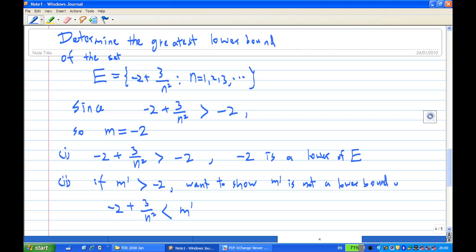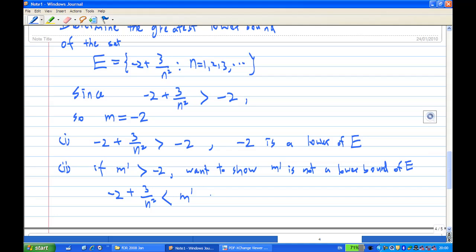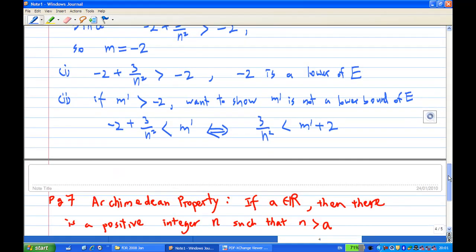So anything in E looks like -2 plus 3 over n squared. I want it to be less than m prime for some n. When does this happen? This happens if and only if, making n squared the subject, 3 over n squared is less than m prime plus 2. Since m prime is greater than -2, m prime plus 2 is greater than 0.